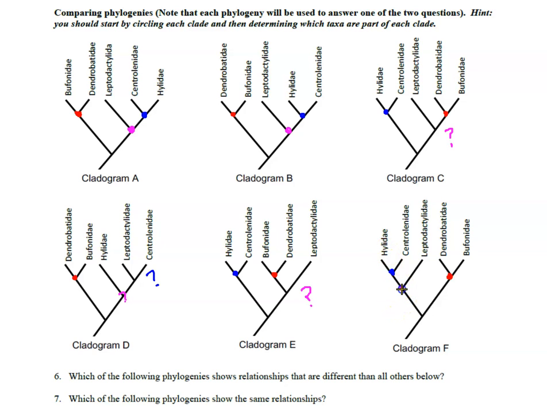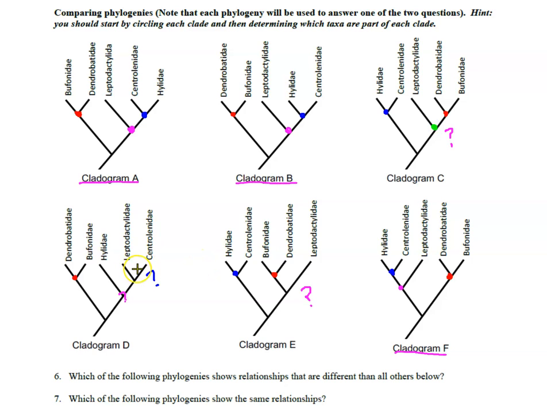Yes, it is. All right, so at this point, I would conclude cladogram A, cladogram B, and cladogram F are all the same because they have those same nodes. They're just rotated around differently. What about these three? Let's see over here. Well, we have the L group sharing a common ancestor with the D and B group over here.